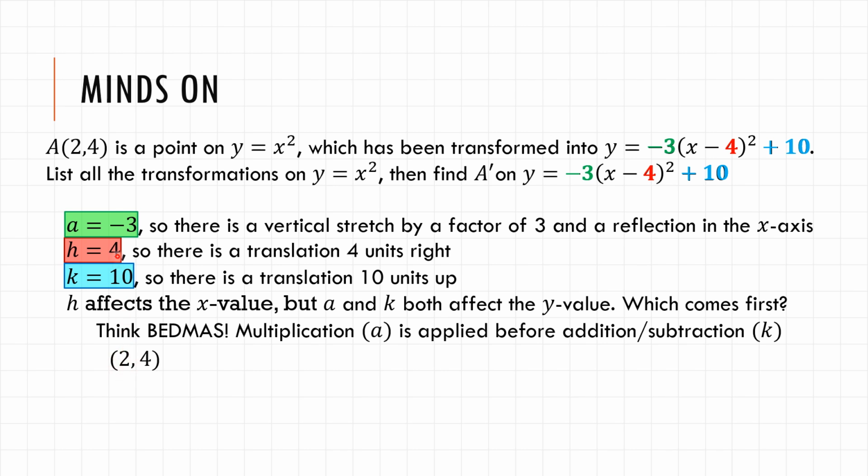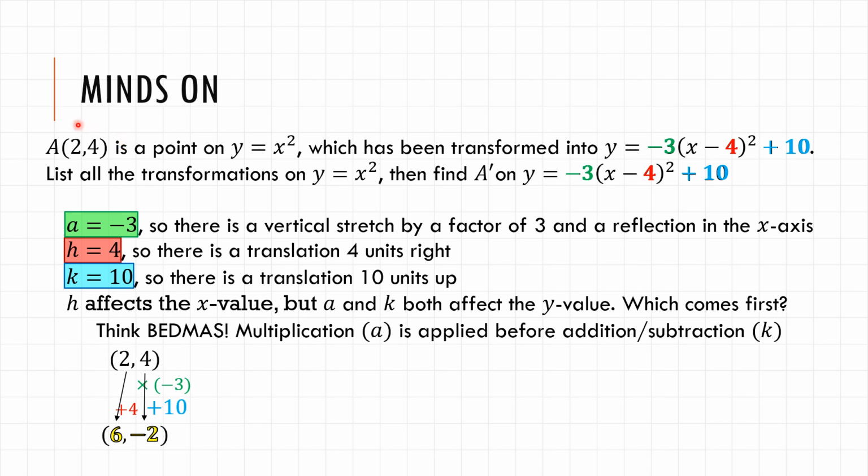So x will go up by 4. 2 will increase by 4 to get 6. 2 plus 4 is 6. But what happens to the y value? The first thing I'll do is multiply it by -3, and then I will add 10. So 4 times -3 is -12. -12 plus 10 is -2. And that is my new location.